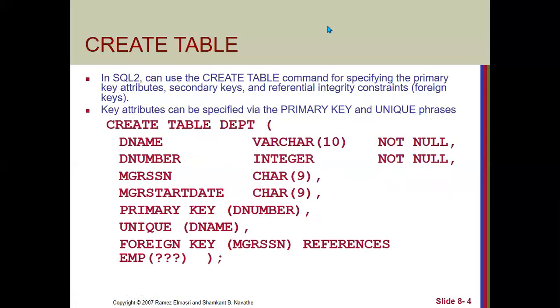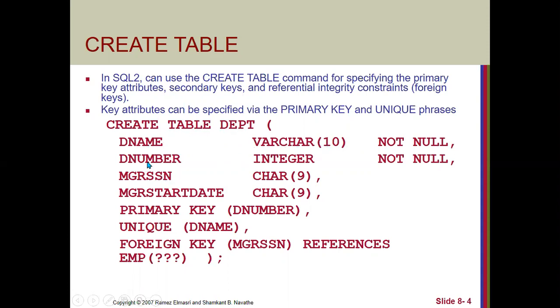So here we can create another table, or to be clear, here for creating the department table: department name, which is varchar 10, of 10 characters maximum, not null constraint.